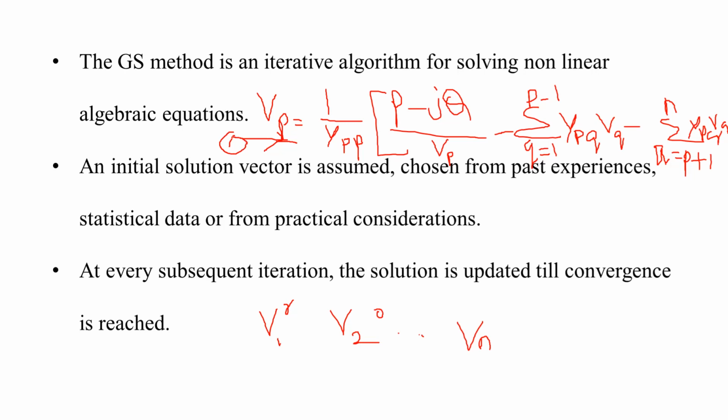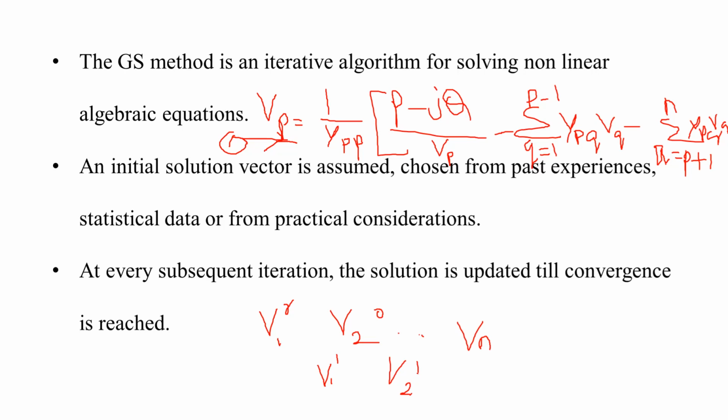We substitute by taking P equal to 1, and the value of bus voltage 1 is computed as V1(1). Similarly, the revised bus voltage 2 is V2(1).